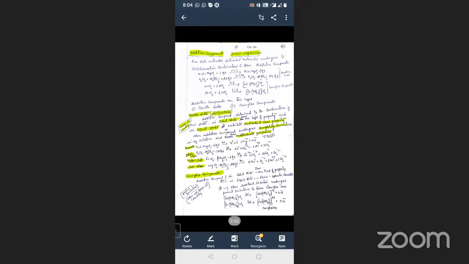Here we get one potassium ion, one magnesium ion, and 3 chloride ions. Now the potassium ion properties, magnesium ion properties, and chloride ion properties are there. These properties are known as individual ion properties.